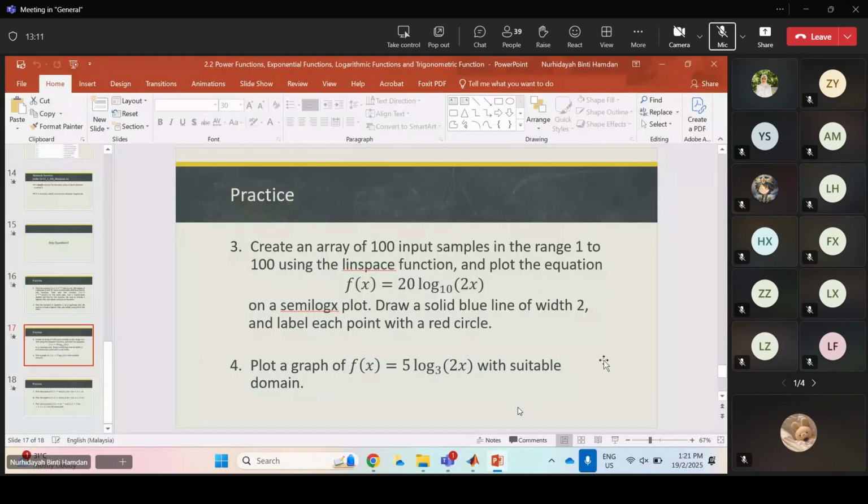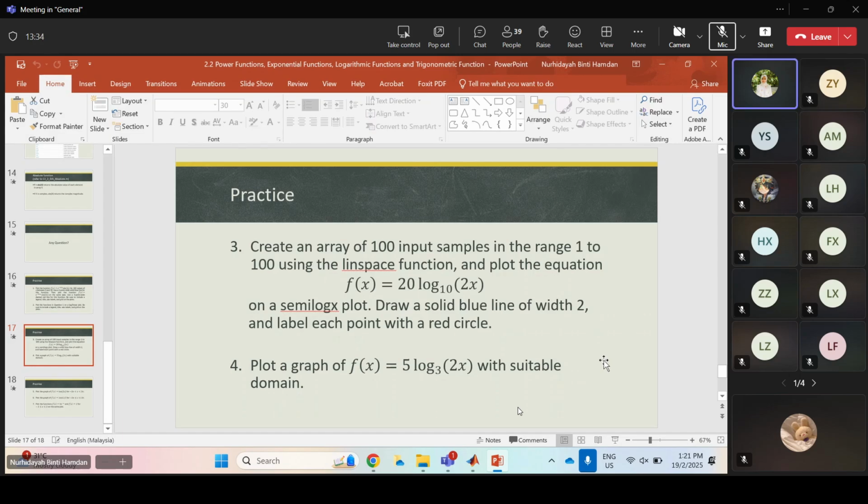Question 3. Here we have to create an array of 100 input samples from 1 to 100. So we use linspace and plot the equation. The equation is y equal to 20 log x base 10. So we have to use a semi-log x plot.